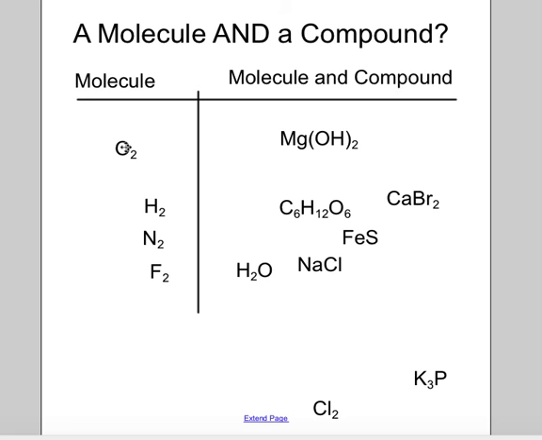Oxygen, but there's 2 atoms of oxygen and nothing else. H, does anyone remember what H is? Hydrogen, but it's just hydrogen, not hydrogen with something else. It's 2 hydrogen atoms. N, most of the air that we breathe is made of this. That's right, it's nitrogen, but there are only 2 nitrogen atoms, nothing else with it. And F is fluorine.